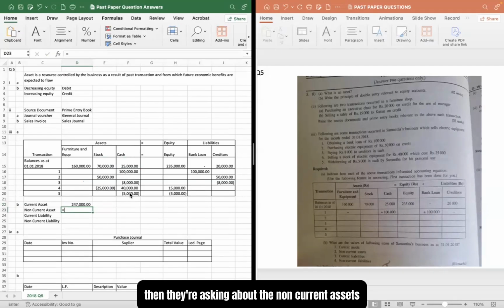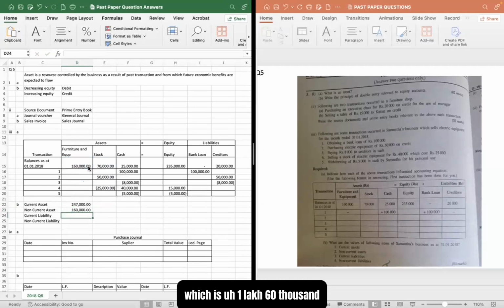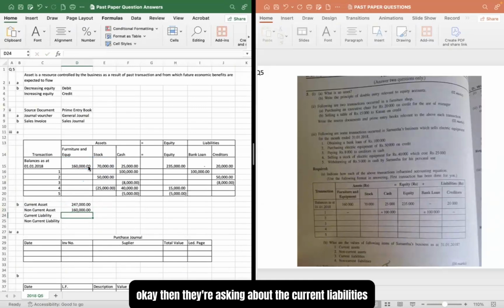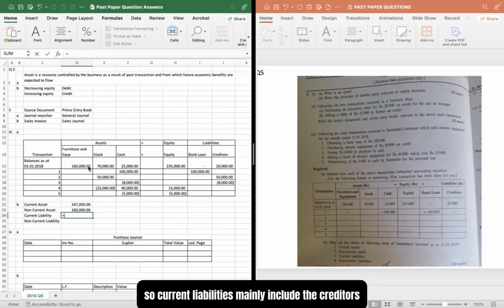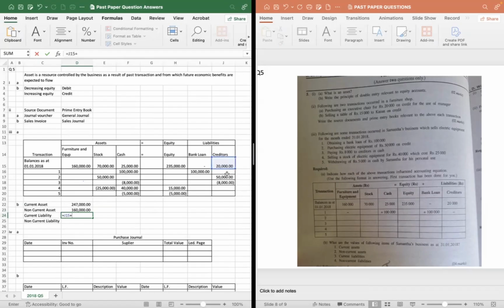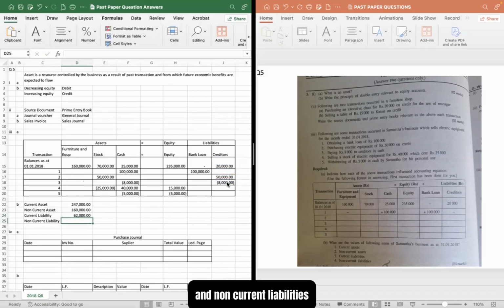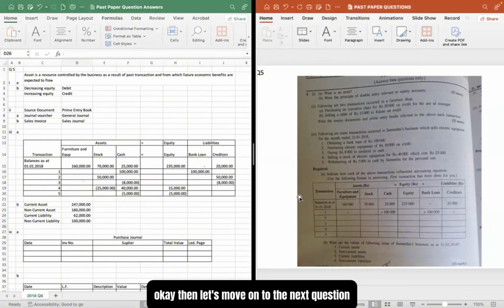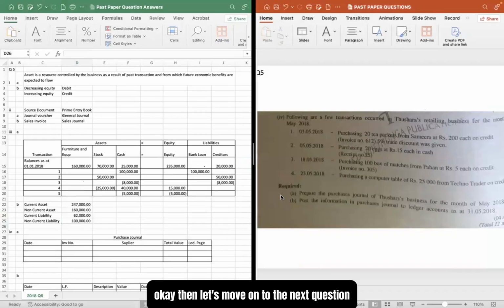Then they're asking about the non-current assets, which is 1,60,000. Then they're asking about the current liabilities. Current liabilities mainly include the creditors. Usually bank loan is considered a long-term liability. The non-current liability is the bank loan, which is 100,000. Then let's move on to the next question.